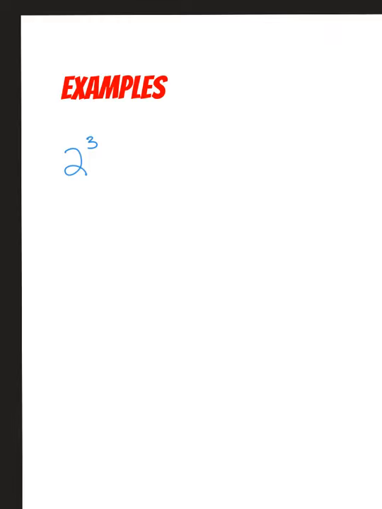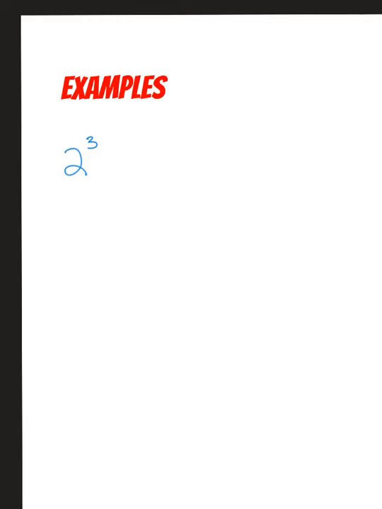So this is telling us that we need to multiply 2 three times, not 2 times 3. If it was 2 times 3, we wouldn't bother writing it like this. We would write it how we write multiplication. This is 2 three times.